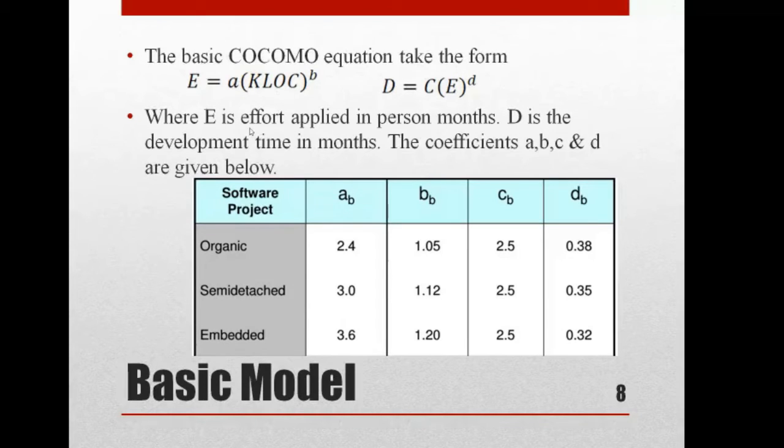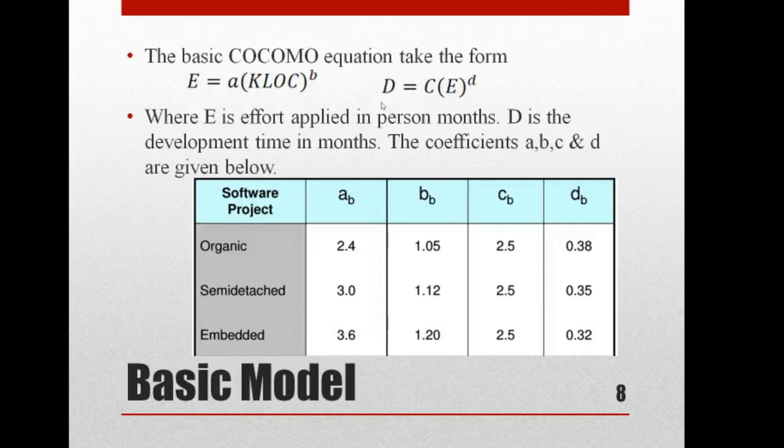So for that they have created an equation. The basic COCOMO equation takes the form E. What is E? E is the effort, equal to A into kilo lines of code raised to B, right?